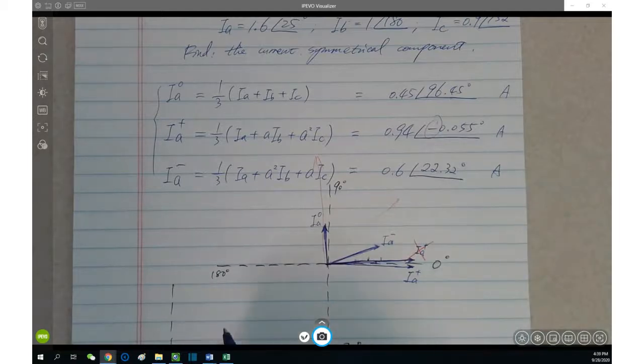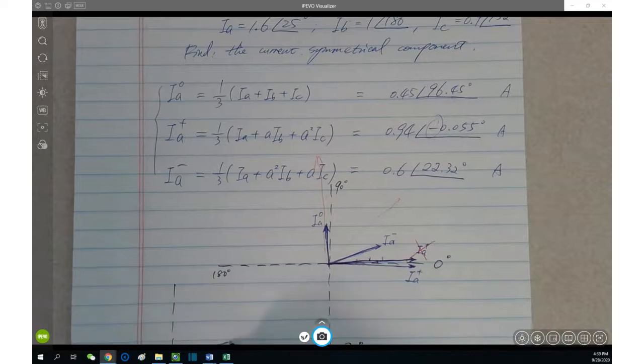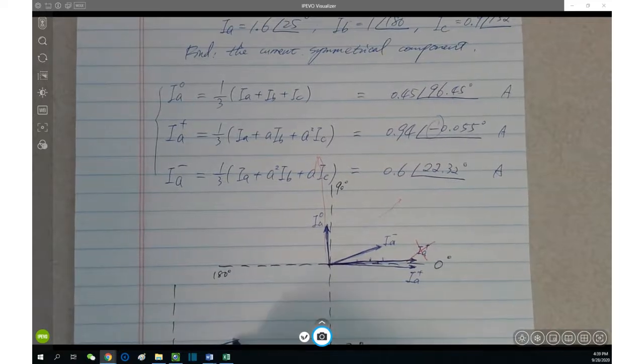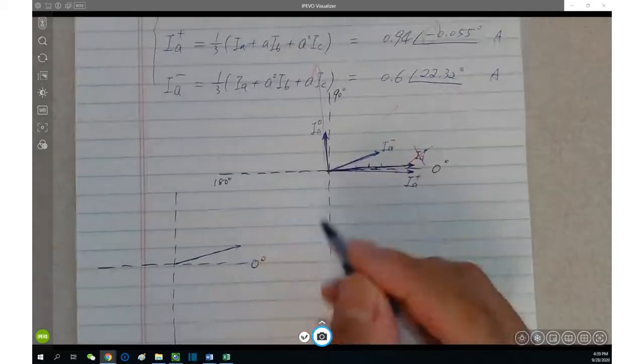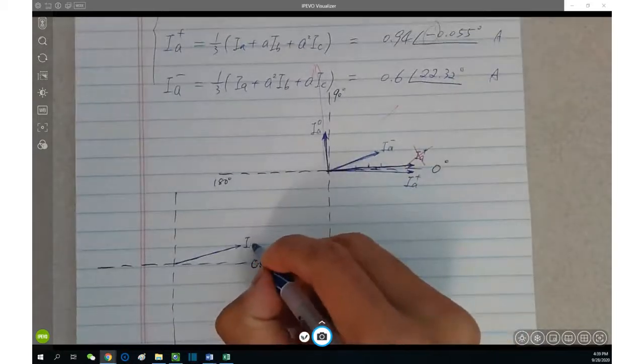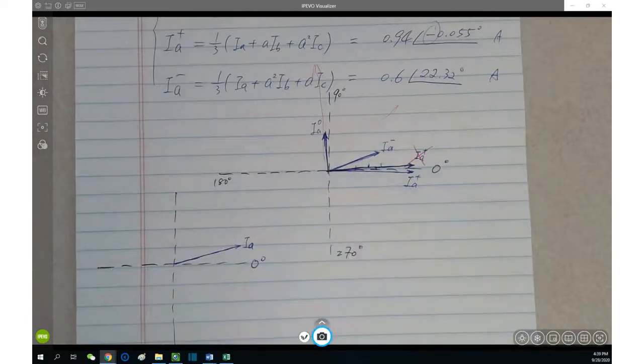And it is the longest one. Okay, here we go. This is the IA. So 0.6 is length of 0.6.